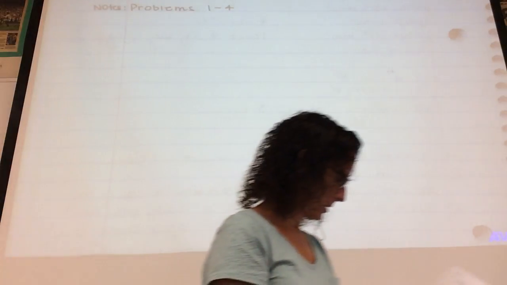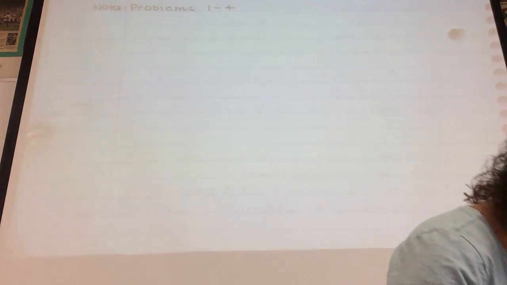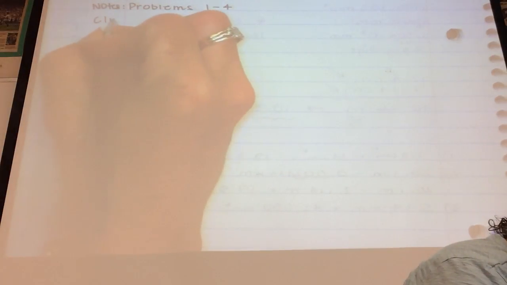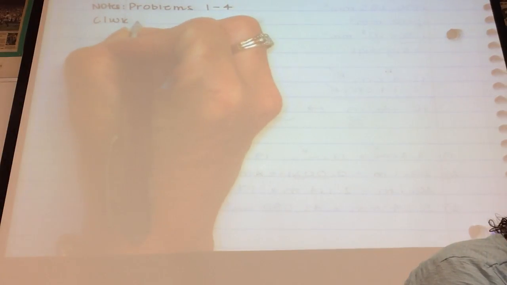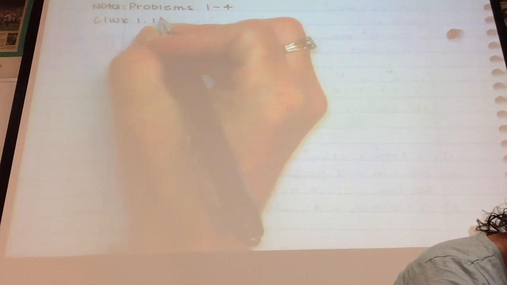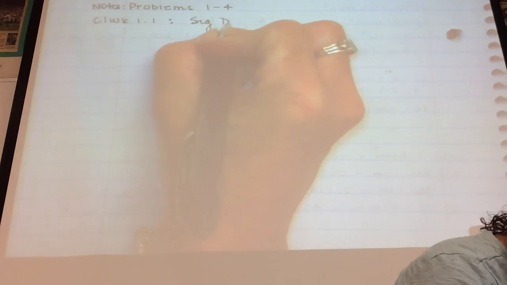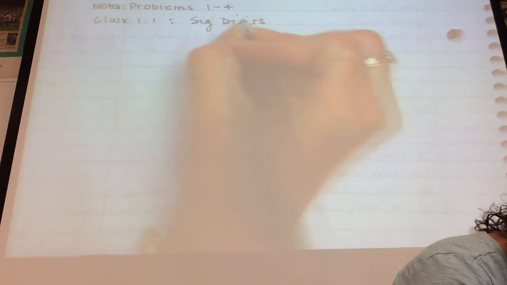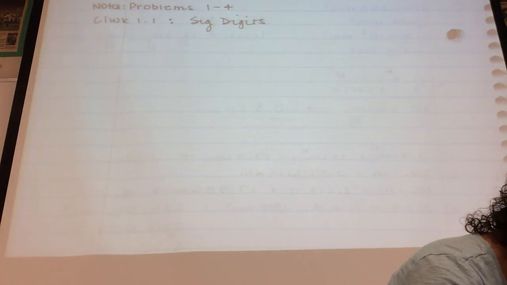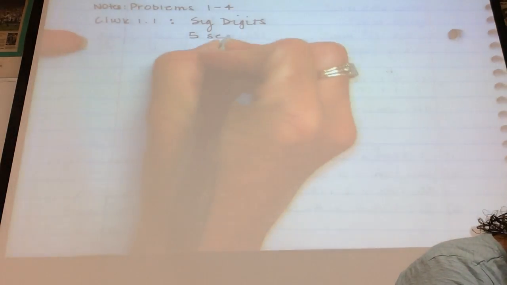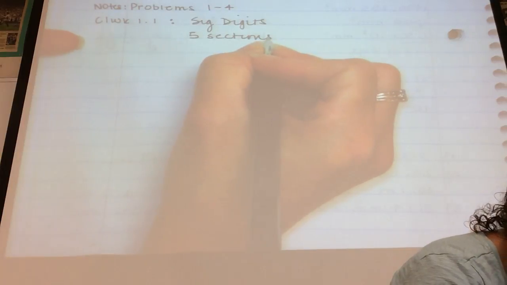What you also want to work through today is quite a bit in the classwork, and we just have a ton of time, so you'll be able to get this done here. On classwork 1-1, you want to work in the significant digit section, and there are 1, 2, 3, 4, 5 sections there that you should be able to do.